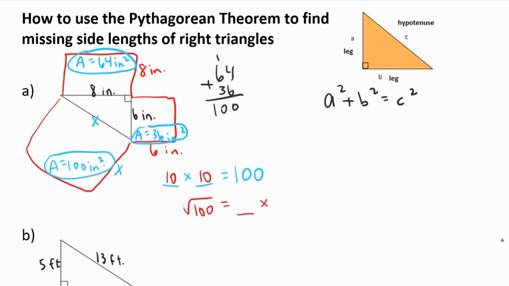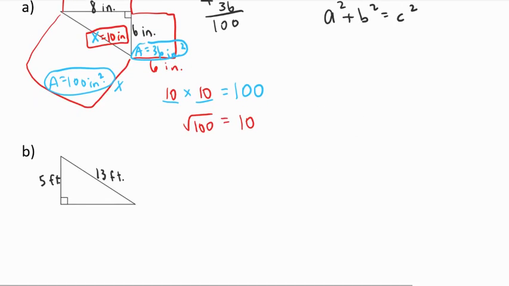It's saying something times something is this number, but it has to be the same number. So if I take the square root of 100, I get 10. So x is equal to 10 inches, and that's our answer. You're finding the area of the missing side, and then you take the square root to find the side length.